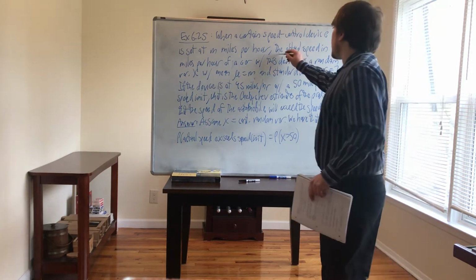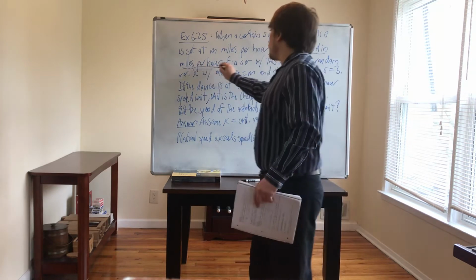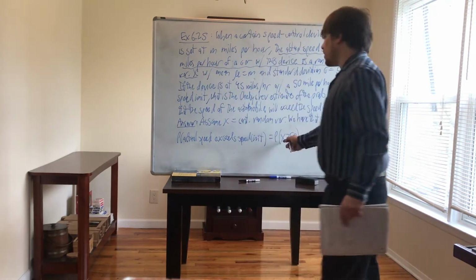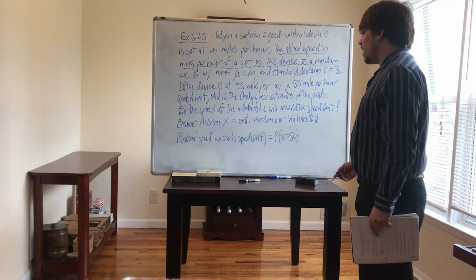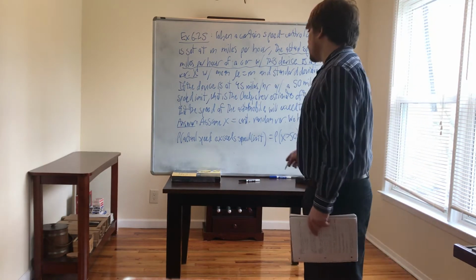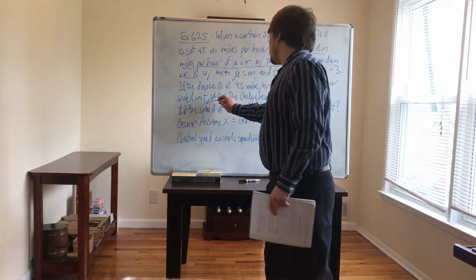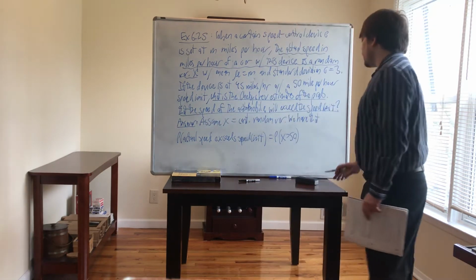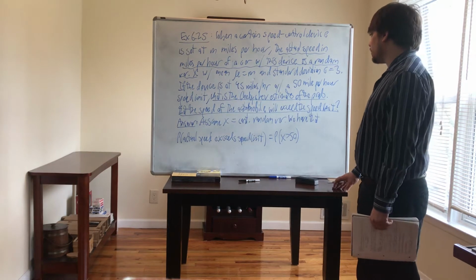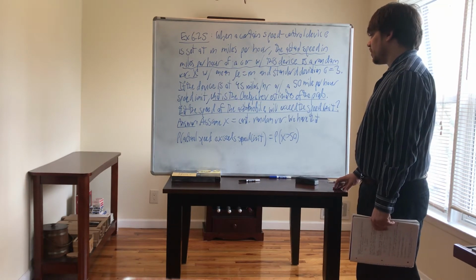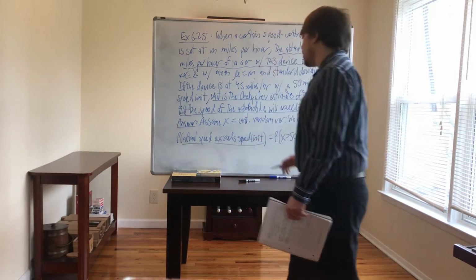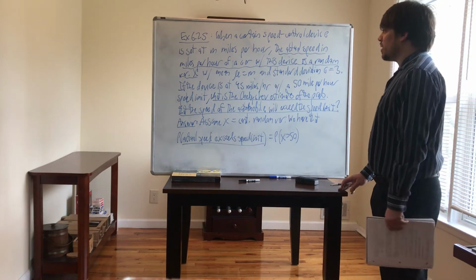Right, so the actual speed in miles per hour of a car with this device is a random variable X. So X is the actual speed. And the question is, what is the Chebyshev estimate of the probability that the speed of the automobile will exceed the speed limit? We're looking at the probability that the actual speed exceeds the speed limit.